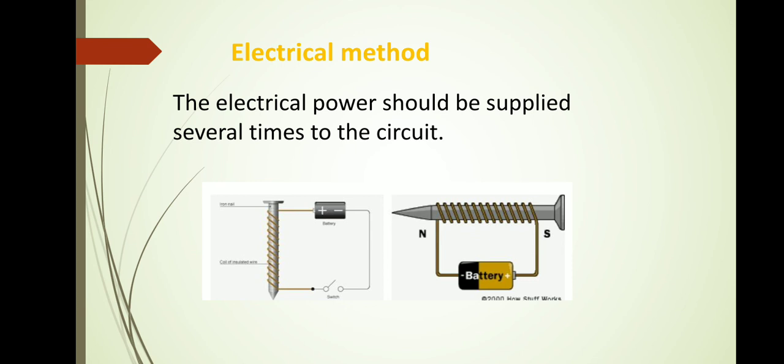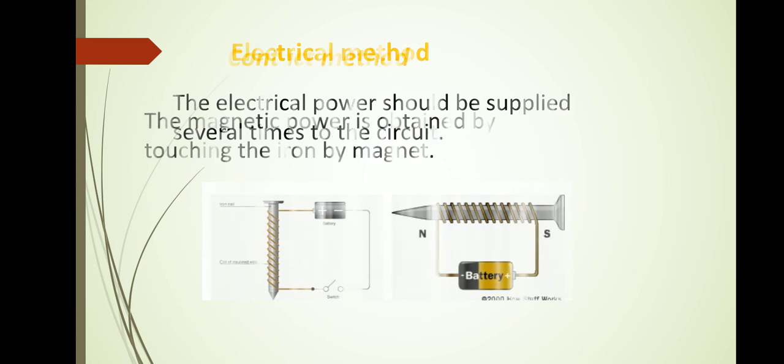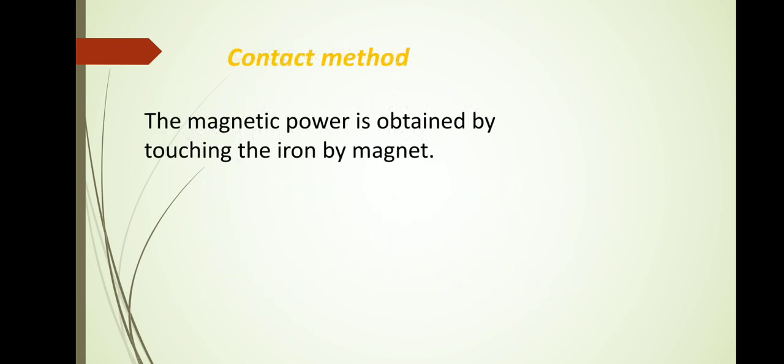Now the power is supplied continuously for several times. After some time, the nail is magnetized. So you can tell that the nail is magnetized by which method? That is electrical method.